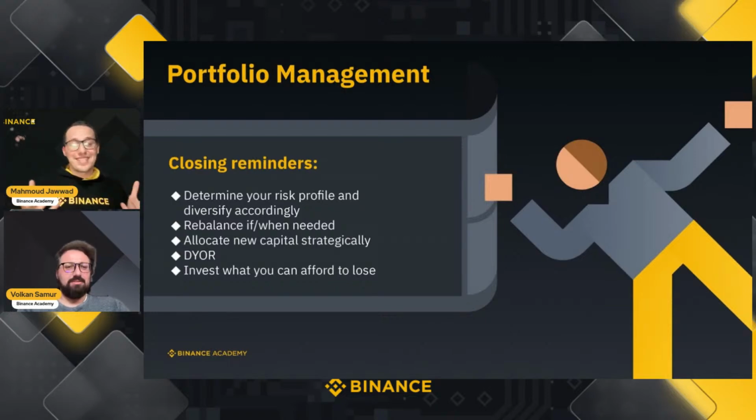I'm not sure if this is well balanced, but for us it is, because on one hand you have real estate, which is quite stable, I would say. It's a quite stable asset class. On the other hand, you have crypto with volatile assets, but within crypto as well, I've chosen Ethereum and Bitcoin as the stable ones, so to say, and the rest is 10% with altcoins. This is my portfolio. I don't know, Volkan, if you want to share yours as well.